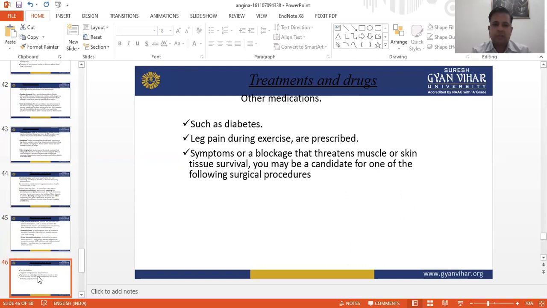Other medications for conditions such as diabetes, or for leg pain during exercise, are prescribed. Severe symptoms or a blockage that threatens muscle or skin tissue survival may make you a candidate for one of the following surgical procedures.